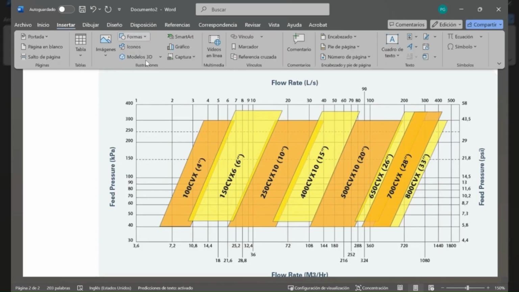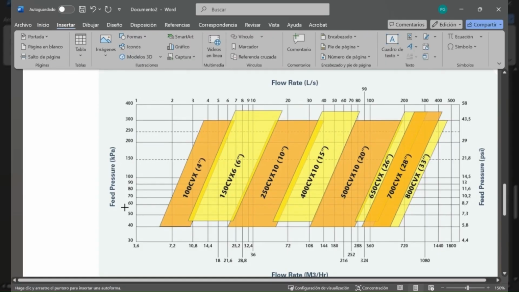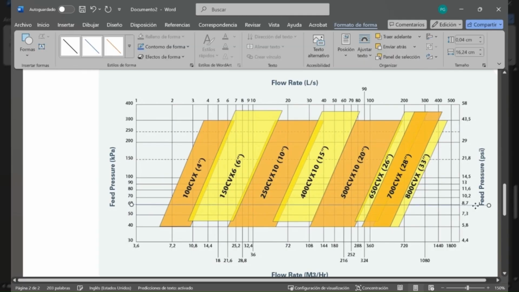So the first value that we are going to establish is the feed pressure. So now our feed pressure is going to be over here. I'm going to make the line a bit thicker. So this is where we have to move in terms of pressure. Apparently all of the models are good for this pressure. And we also have to look at the diameter.